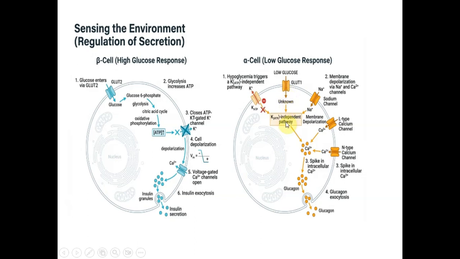And then there is a potassium independent pathway, where there is membrane repolarization via sodium and calcium channels, and then the calcium also enters into the cell, and there is a spike in intracellular calcium, and there is the release of glucagon by exocytosis into the blood circulation. So you can see the difference between the high glucose response and the low glucose response, and how the blood sugar level is being maintained.